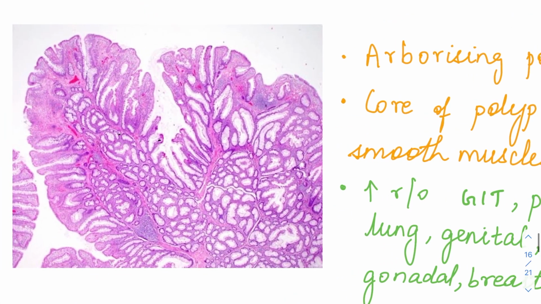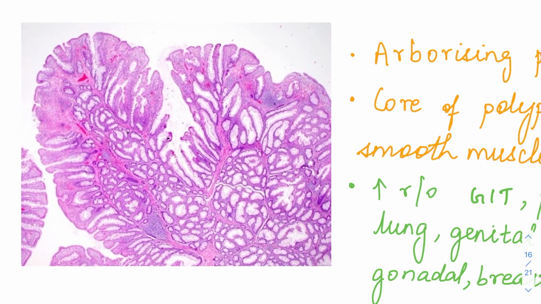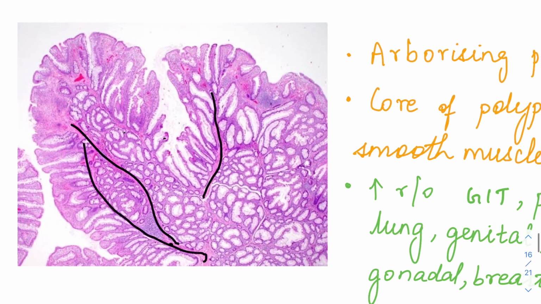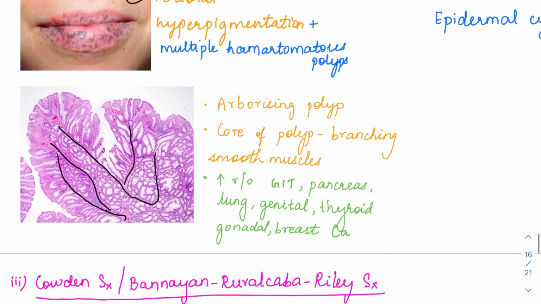The classical microscopic image of a PJ polyp is an arborizing polyp, meaning it is going to look like a tree. So a tree-like polyp appearance will be there, and the core of the tree is going to be formed by smooth muscle. This is all the smooth muscle which has formed the core of the polyp. So this arborizing polyp, in which the core is formed by branching smooth muscle, is the spotter kind of diagnosis, most important, because this feature is seen only in PJ polyp.